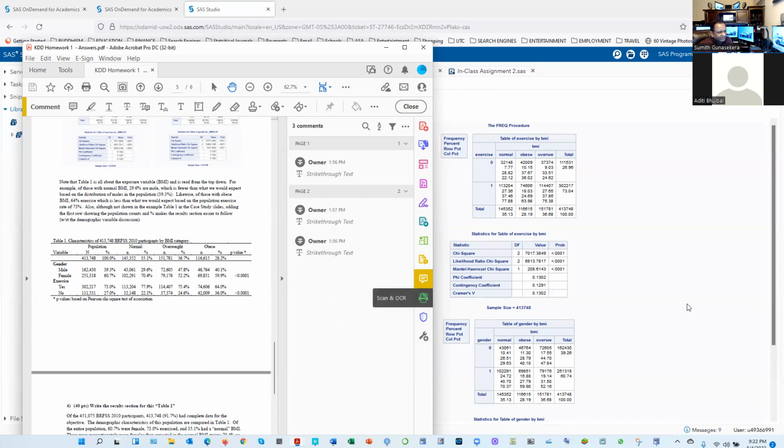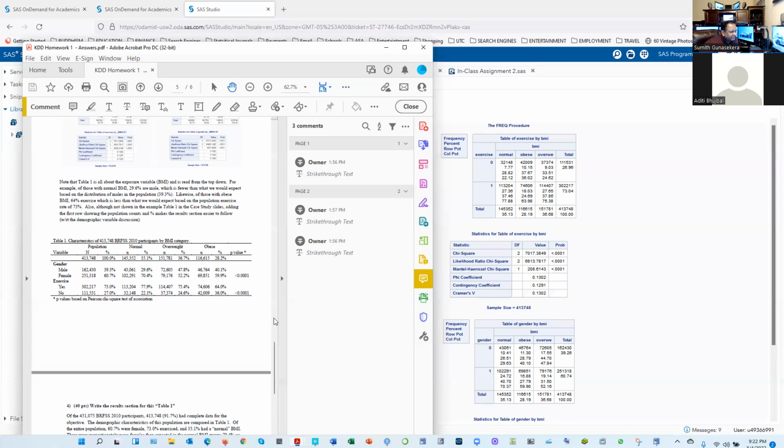Where is the p-value related to this one? Female and male, gender. Sorry, the BMI. BMI versus gender is the p-value.